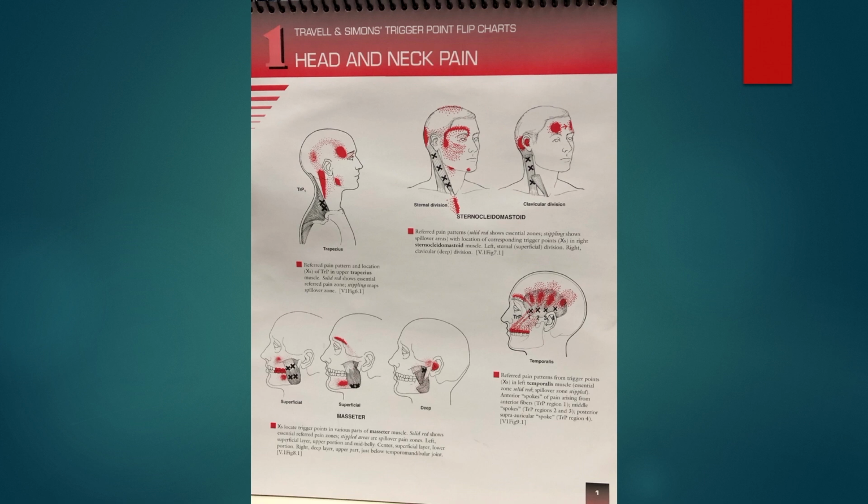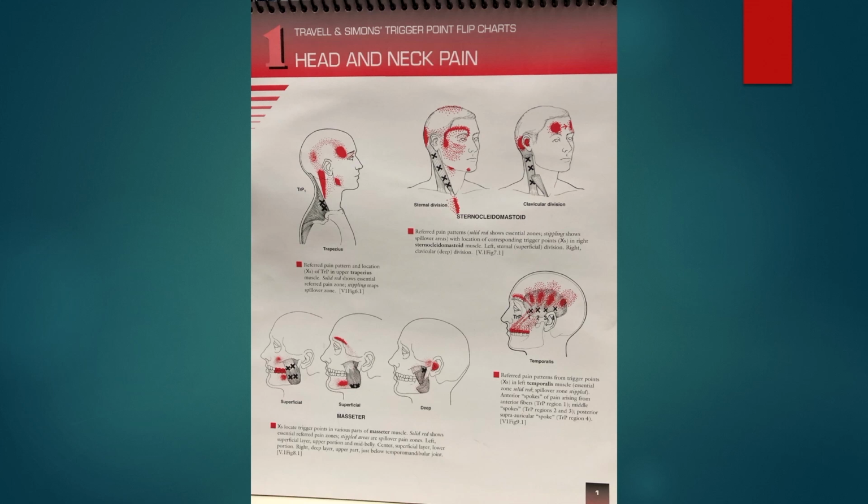Also, the sternocleidomastoid, I find this to be one of the most interesting, because if you notice on all these other ones, and you may not have noticed because it's only showing you one side of the patient, but in all of the other ones, your X and your red marks are on the same side of the patient. So it stays ipsilateral, right? In the sternocleidomastoid, especially the clavicular belly, it can refer across the midline.